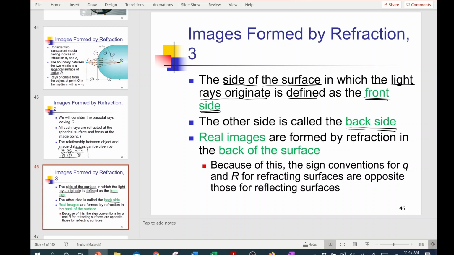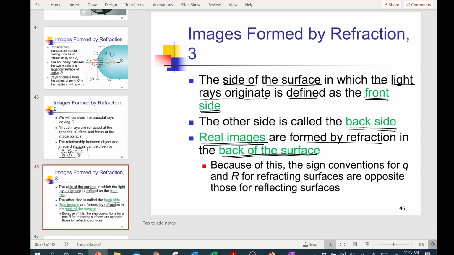But now, because of the refraction process, a real image is formed by refraction at the back of the surface. Compared to a mirror, where a virtual image is formed at the back of the surface due to reflection.